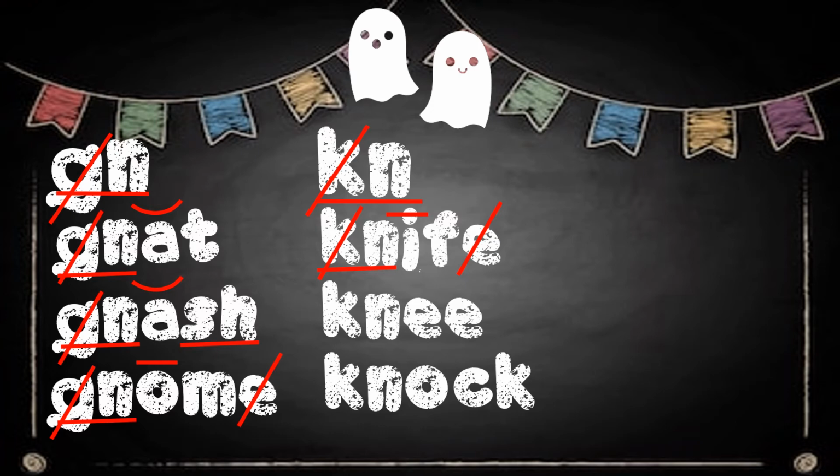Let's look at the word knee. Let's underline our ghost letter digraph and let's cross out our ghost letter. I also see that we have double E. So we're going to underline double E and we're going to cross out the final E because it is silent. And we need to remember that this is going to make the E sound.